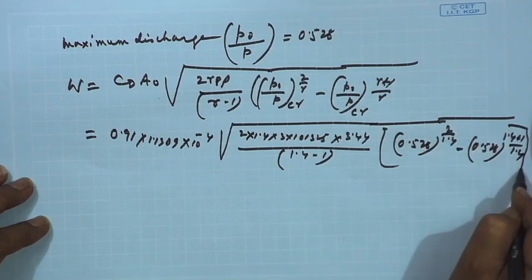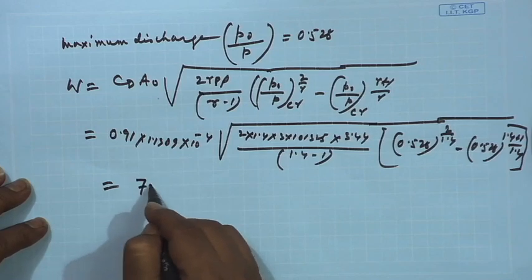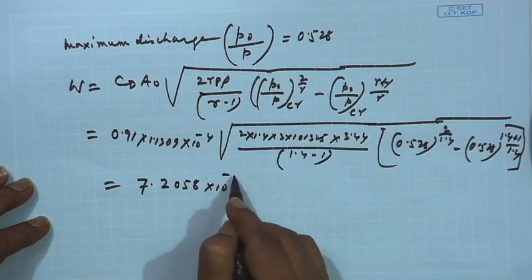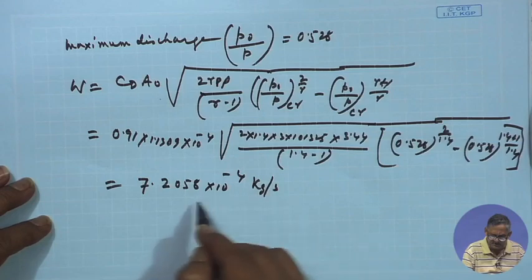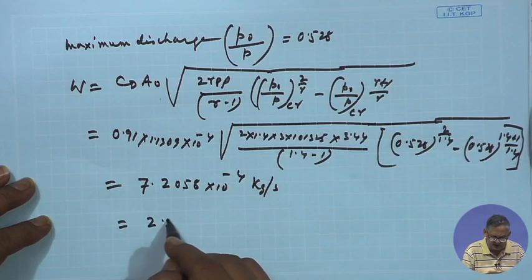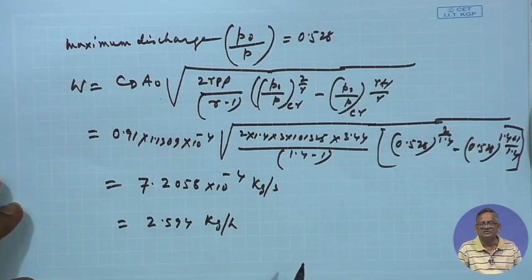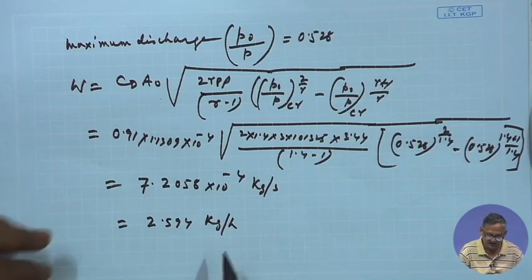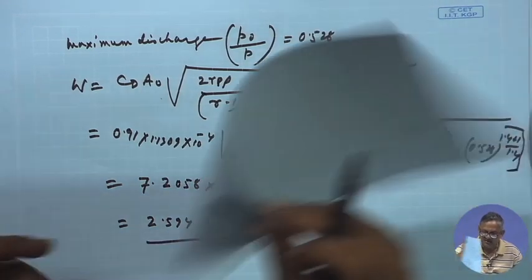If you calculate, that comes to 7.2058 into 10 to the power minus 4 kg per second. It is a very small number; in terms of hour, it will be 2.594 kg per hour.